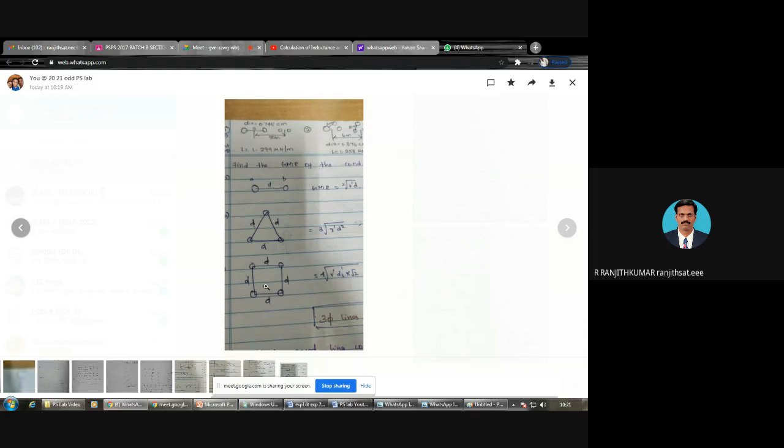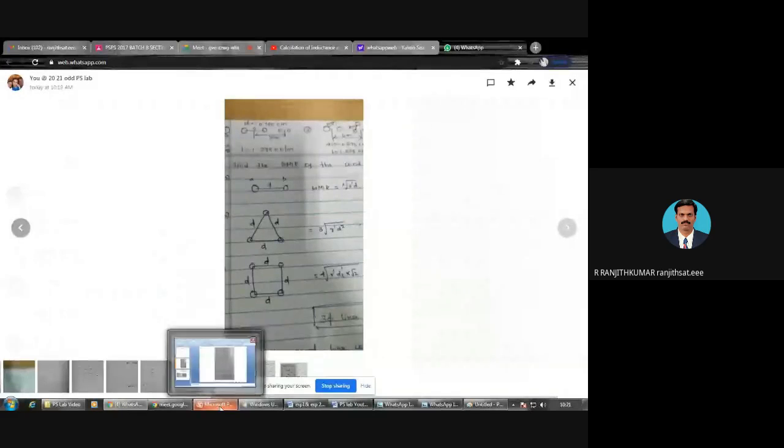This is the shortcut you have solved in your T and D. If it is a two-bundle, you substitute GMR as the square root of r dash D. For a three-bundle, the cubic root of r dash D square. If it is a four-bundle, the fourth root of r dash. You can directly substitute instead of this formula also.